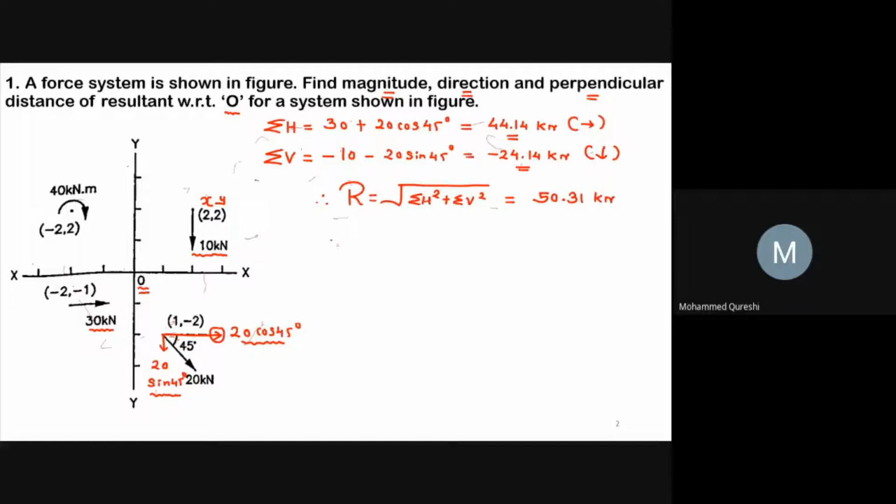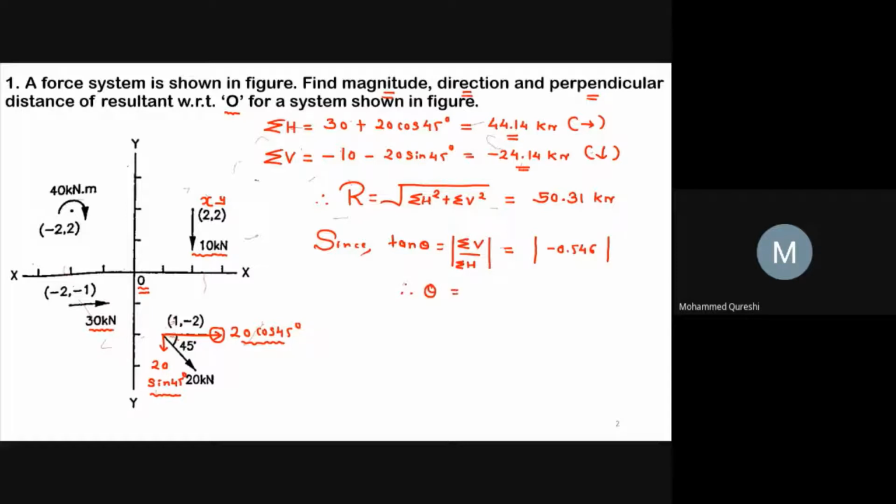Since we know that tan theta equals sigma V by sigma H, with the value of sigma V as minus 24.14 and the value of sigma H as 44.14, you will get the value of tan theta as minus 0.546.